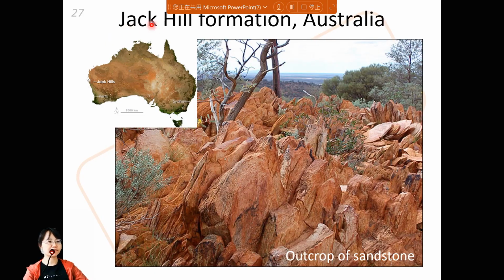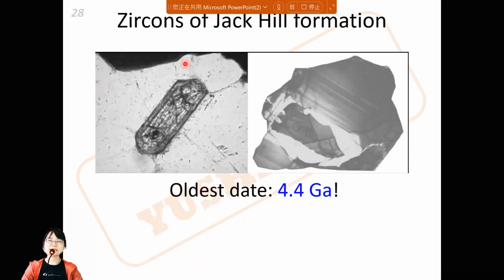This is a famous area called the Jack Hills Formation in Australia. You see this reddish rock. They are sandstone. And this is Jack Hills in Western Australia. In this sandstone, I already mentioned you can find zircon in sand. Of course, you can also find zircon in sandstone. Here, they picked the zircon grains in sandstone and performed dating.